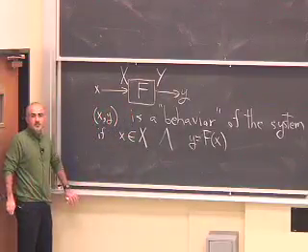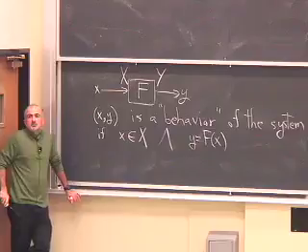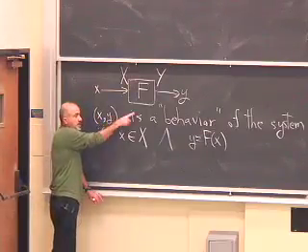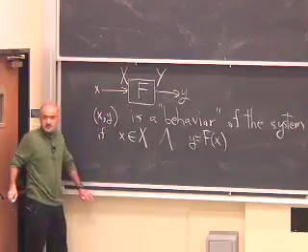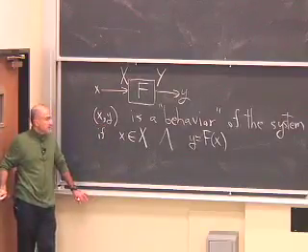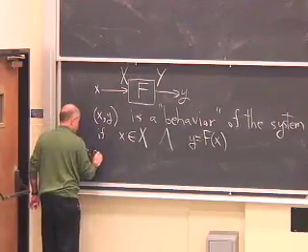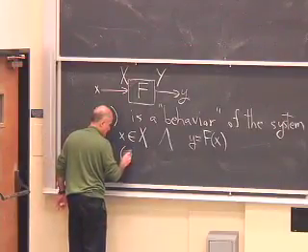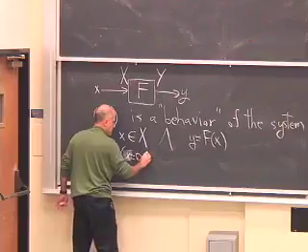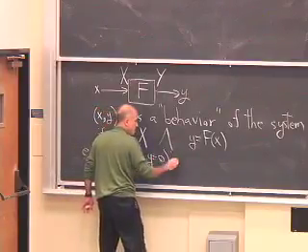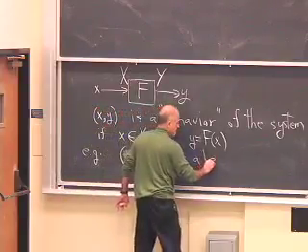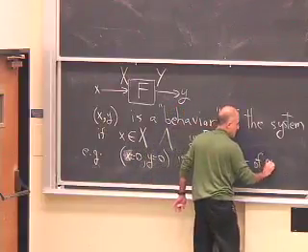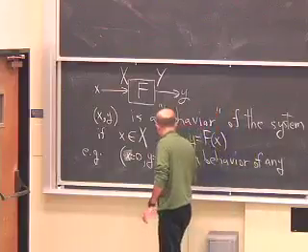Okay? So x equals 0, y equals 0 is a behavior of every linear system. That would be an example. Let's make that explicit. x equals 0, y equals 0 is a behavior of any linear system.